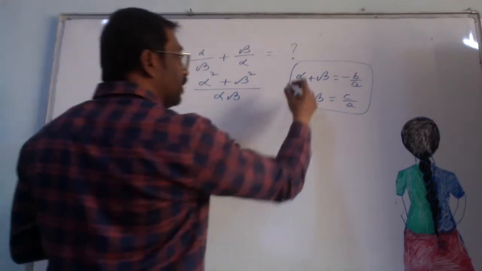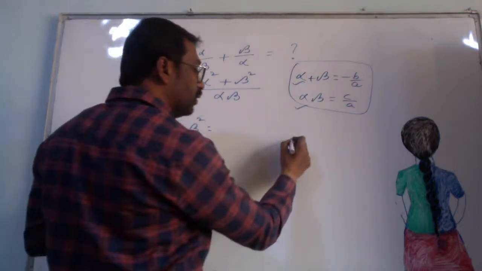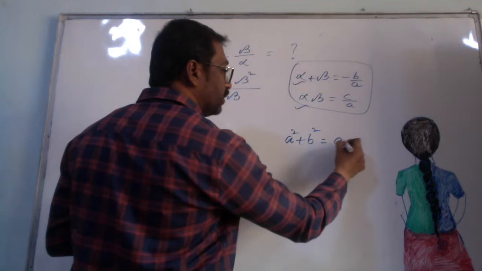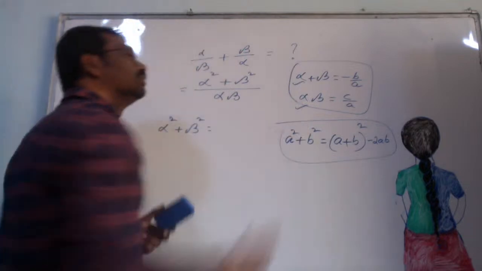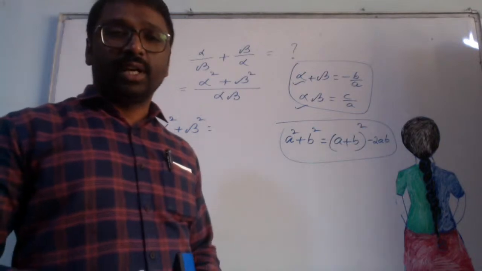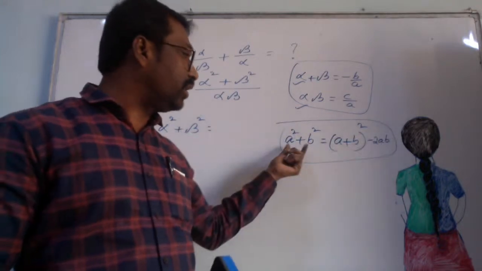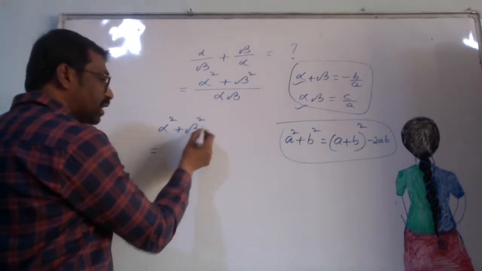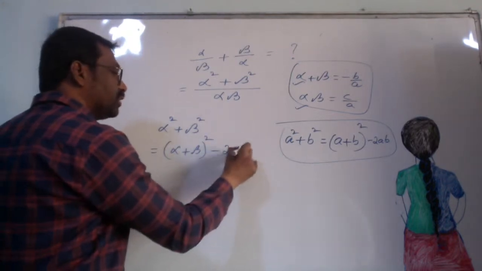Keep in mind, when the sum of the roots and product of the roots, that means a plus b and ab, are given, to find a square plus b square, use the identity a square plus b square equals a plus b whole square minus 2ab. It comes from the a plus b whole square formula: a plus b whole square equals a square plus b square plus 2ab. If you take 2ab to the other side, you get a square plus b square. In the same way, here alpha square plus beta square can be written as alpha plus beta whole square minus 2 alpha beta.